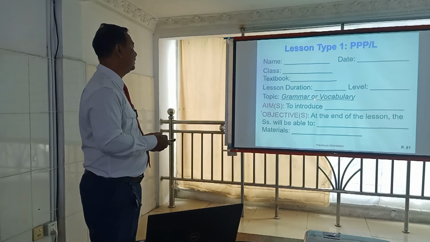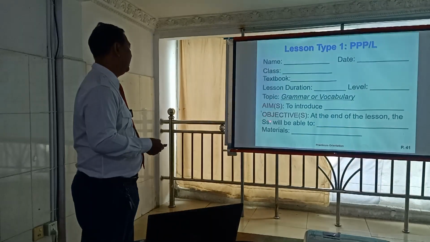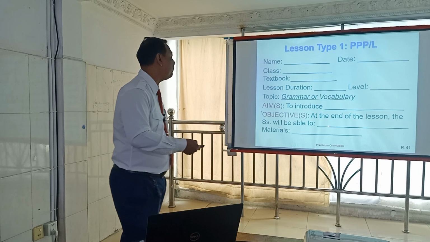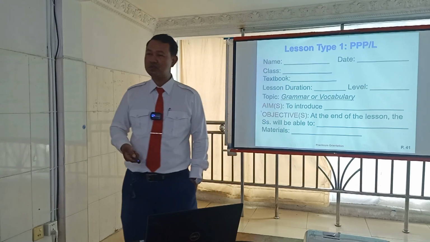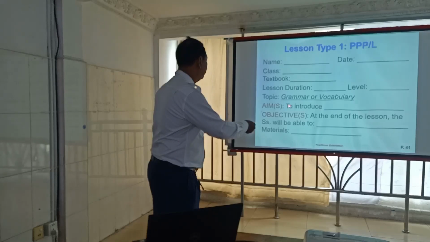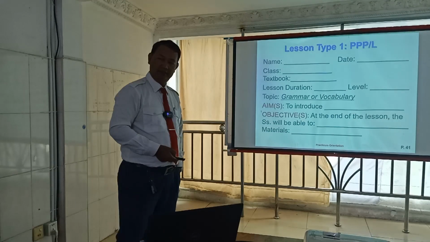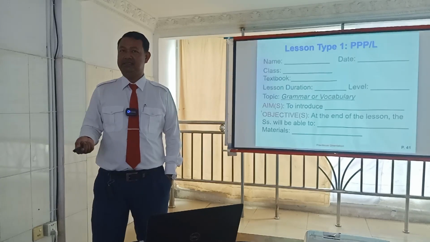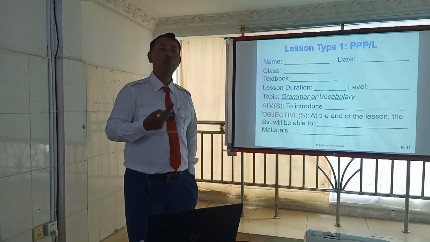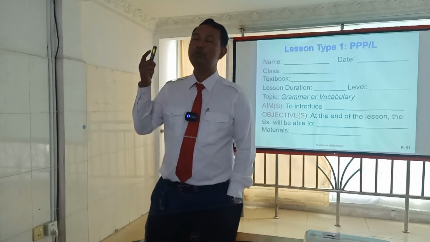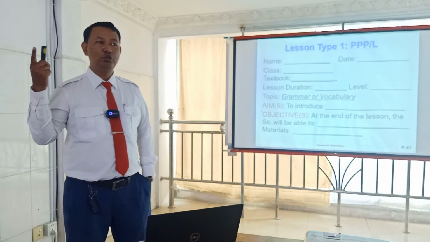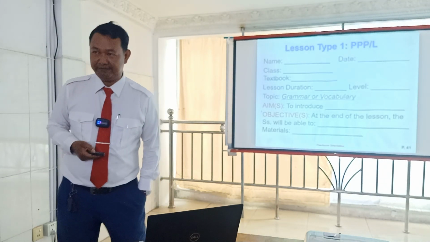So that's why most of the wording we use in an objective can be: at the end of the lesson, the students will be able to use what? The grammar point here, correctly, clearly. And also you can use others, because in one lesson we have to use only one aim, but you can use more than one objective.